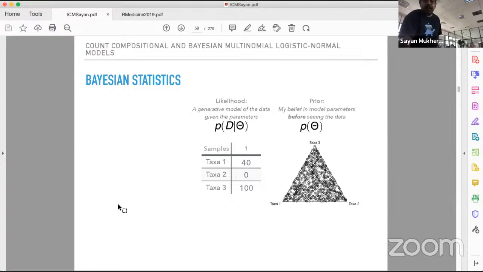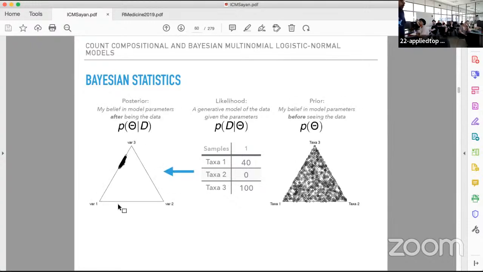Okay, so let me ask a question. How many here are from Bayesian statistics? So maybe I'm going to spend about 4 minutes going over Bayesian statistics, and we'll come back to this picture, okay?